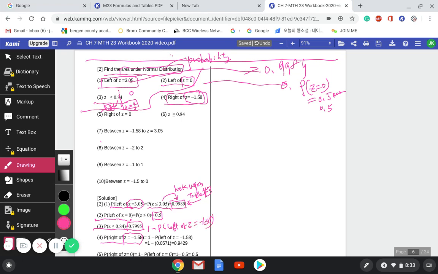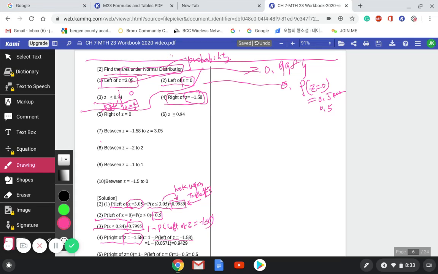Okay, because the way that table is created is only for the left side value, not the right side value. So you have to do this extra step, 1 minus. You find the left side of that value first, and then take it away from 1. Then you get the right side of that z value.